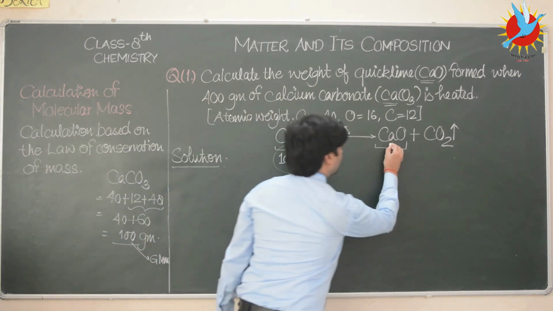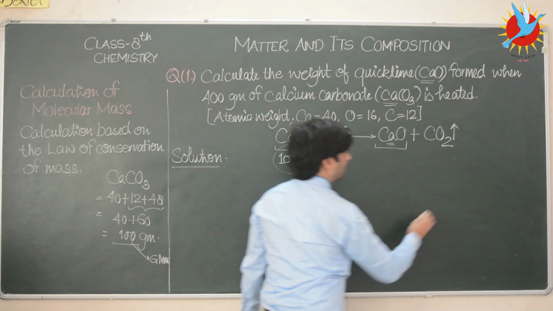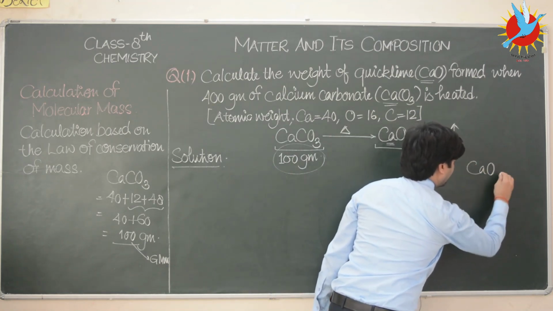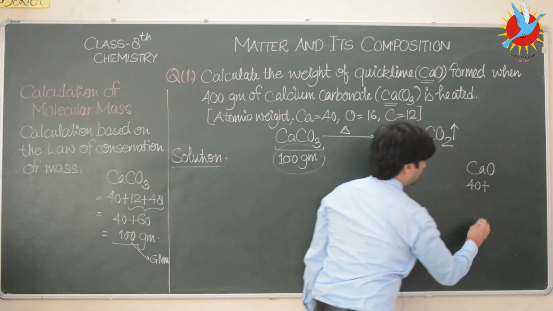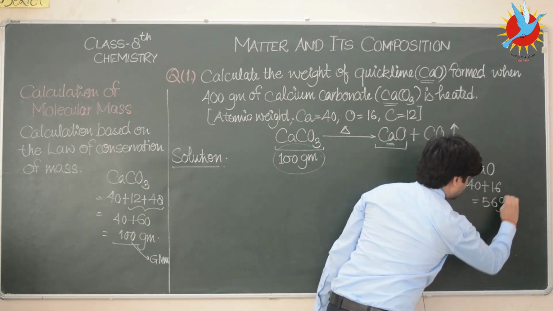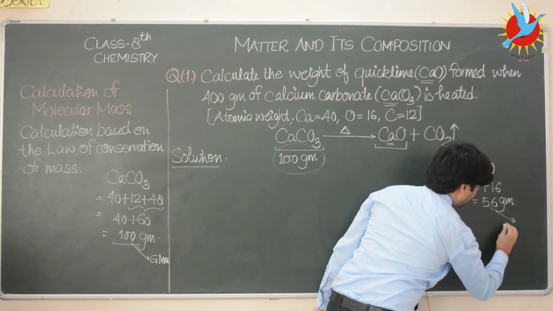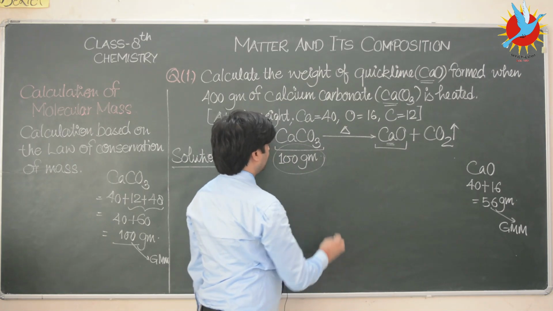Now we have to calculate the molecular mass of calcium oxide, CaO. Calcium 40 plus oxygen 16, that comes 56 gram, if we are talking about gram molecular mass of calcium oxide.